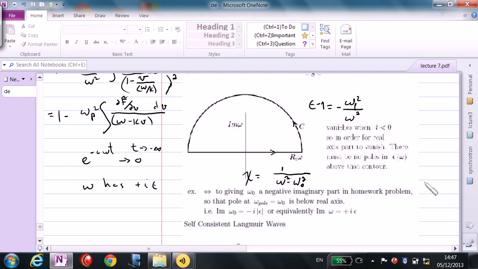That was the amplitude for a charge on a spring oscillating at omega naught. And so there's a pole at omega equals omega naught.